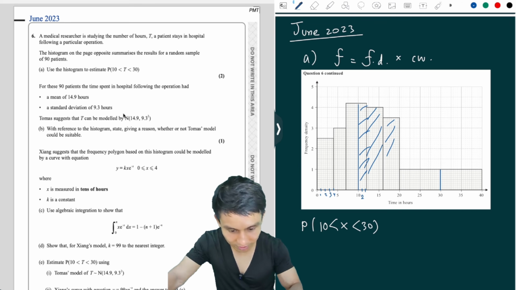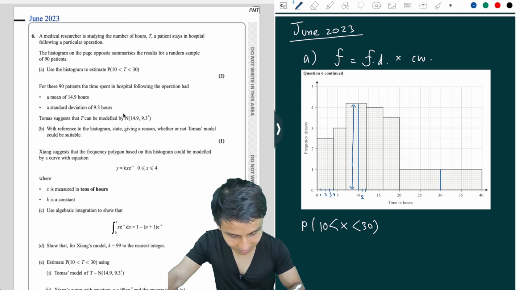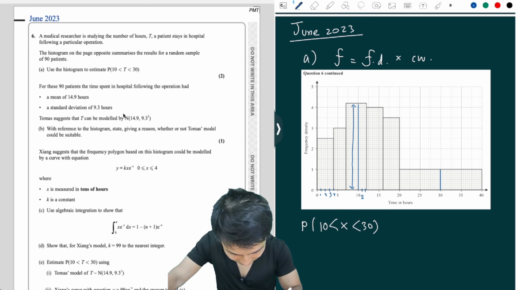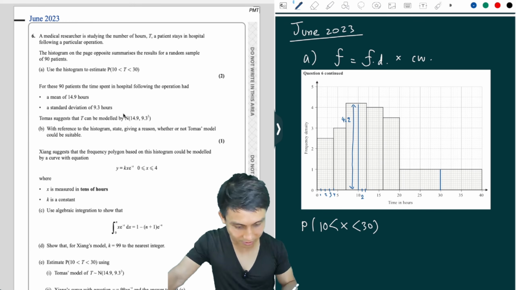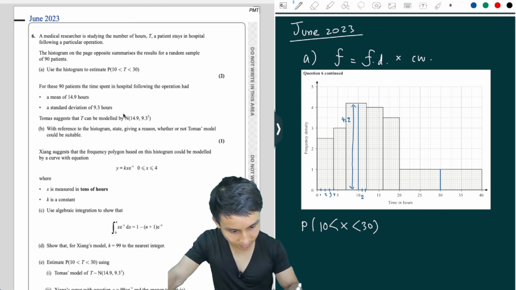So the width of that rectangle there is 2, and the height, is it the same here? So 1, 2, 3, no, it's actually 10. Yeah, this is 10, sorry, in 0.1. So that is the height of 4.2, right? Yeah, so the first one will be, I'm just going to write down here first, this bit of area is 2 times 4.2.